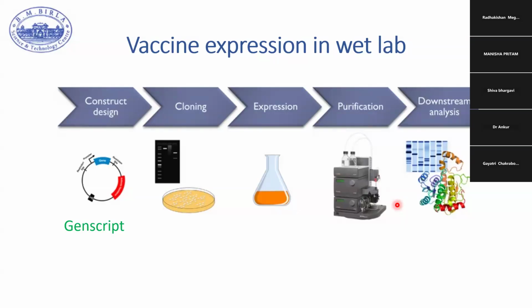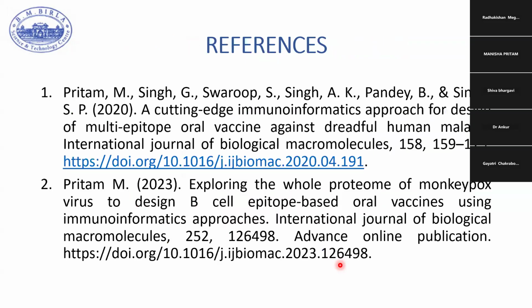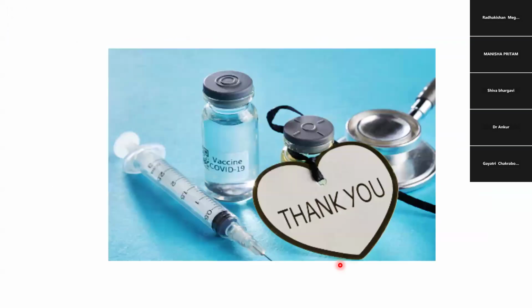So you have to select some plasma samples from children or men or women, and then you can use these proteins and the plasma to identify whether your designed vaccine can act as a functional vaccine or not. These are some references you can read. Thank you. Any question?